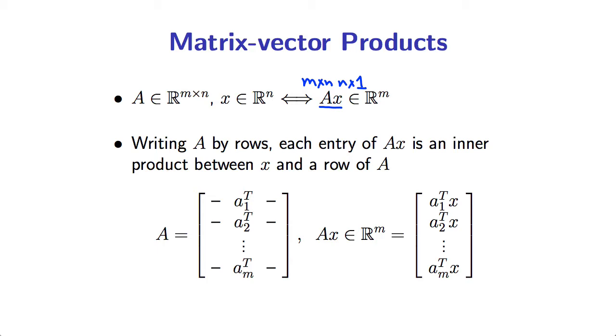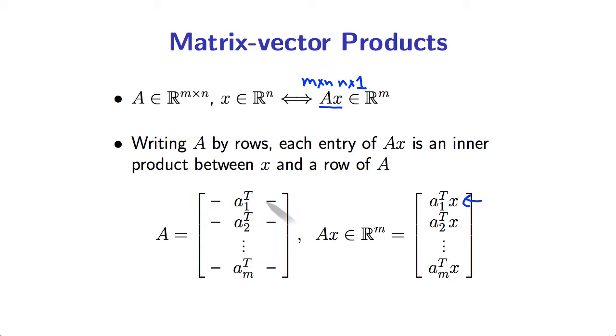In the first case, let's write A in terms of its rows. So the first row of A will be A1 transpose, etc., up to A sub m transpose. In this case, what the definition of matrix multiplication says is that A times x is itself a vector where each element here is the inner product of a row of A and the vector x.